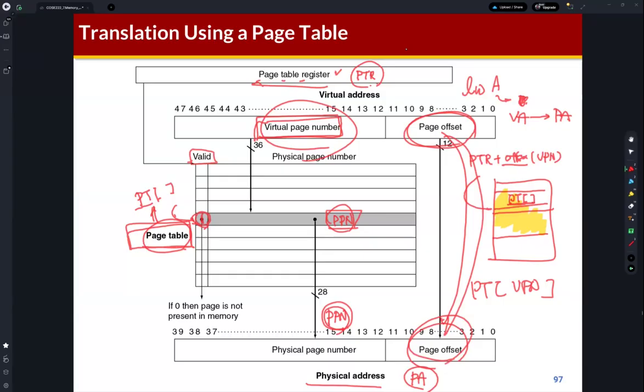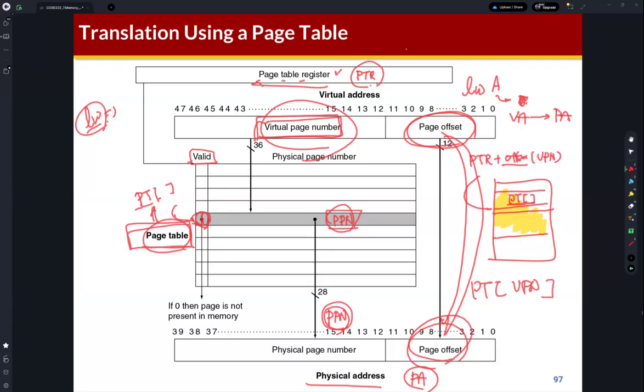Then what's the problem? In chapter 2, we just assumed that when memory instructions like load and store are executed, they can directly access the physical memory, meaning the main memory.